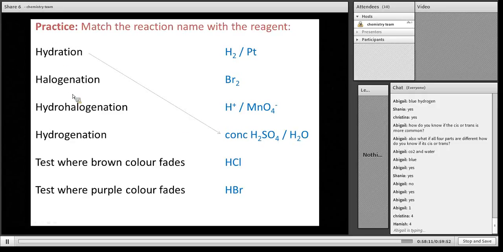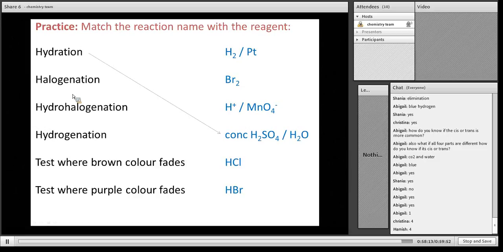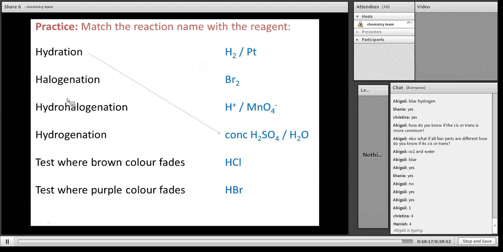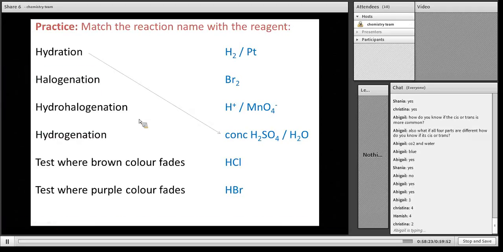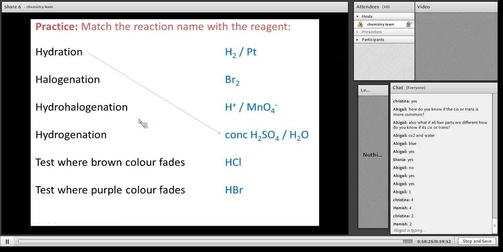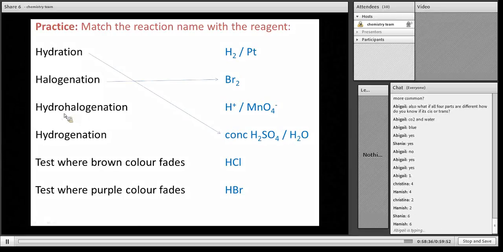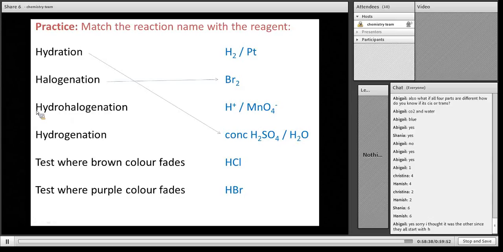Abigail, we'll get onto that one, but think of what this element is, and then that will help you. Halogenation: which one is an example of halogenation? Number 2. Okay. Br2, F2, Cl2. Hydrohalogenation: I'm adding a halogen and I'm adding hydro, but in this case it's not hydration, it's hydrogen.